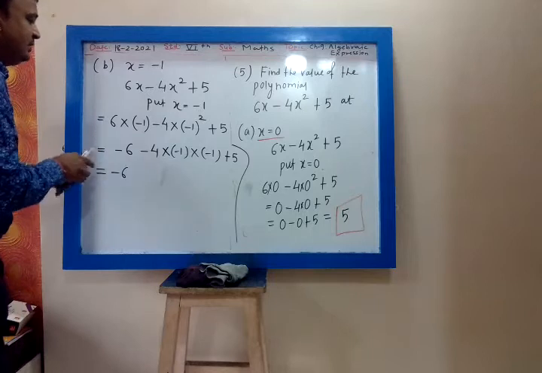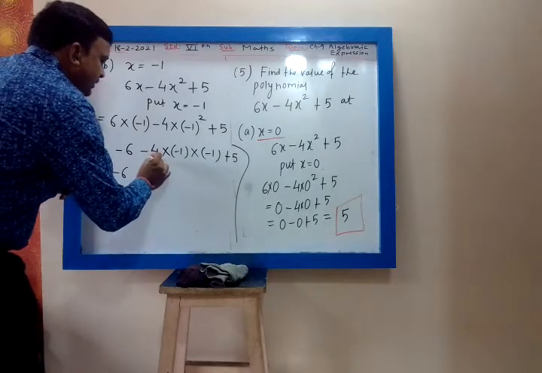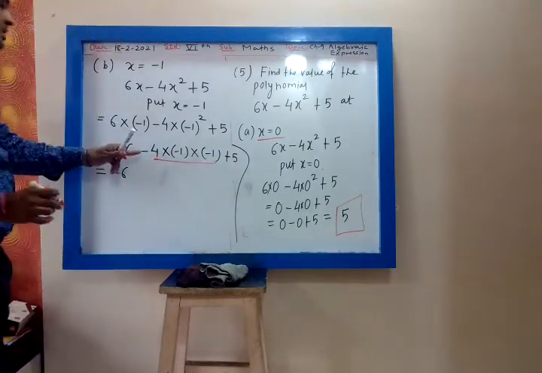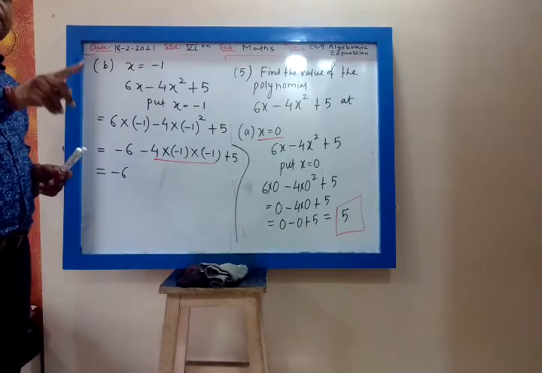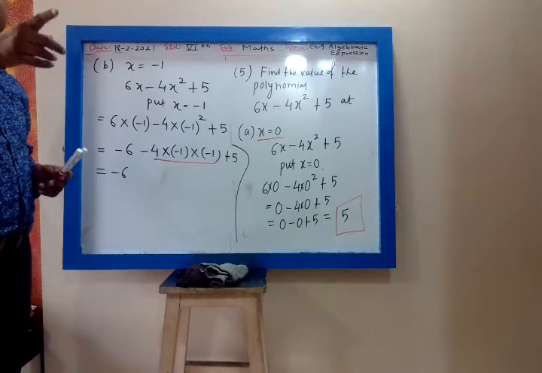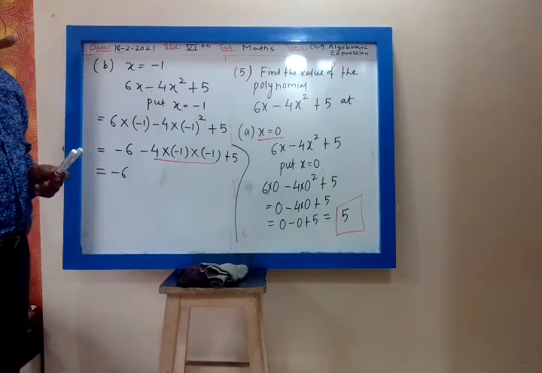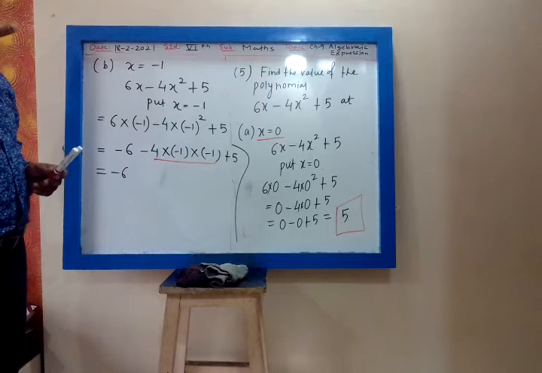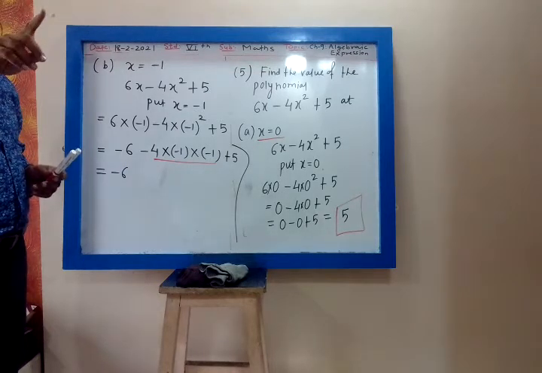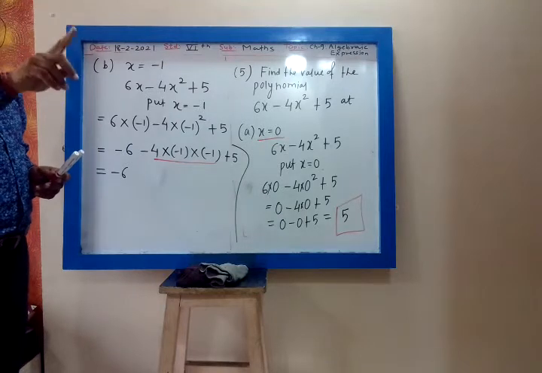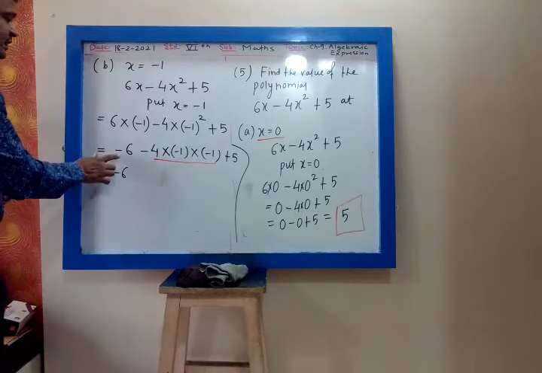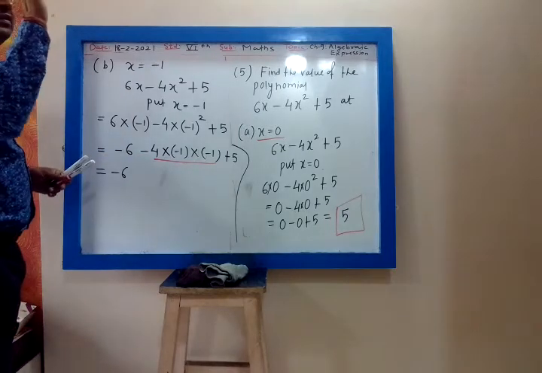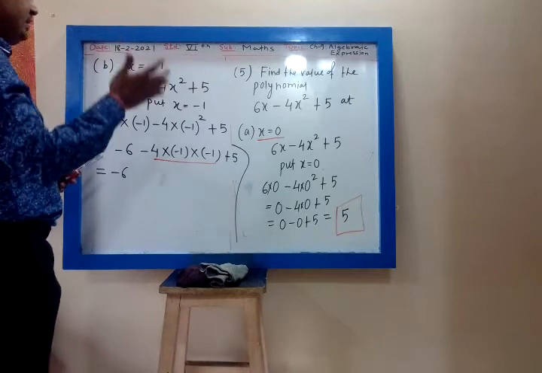First you will simplify this multiplication, because first we perform multiplication and division. Then we perform addition and subtraction. BODMAS. First we simplify multiplication or division. After multiplication or division we simplify addition or subtraction. This is the rule. So minus 6 and minus 4 you cannot simplify. Is it clear?